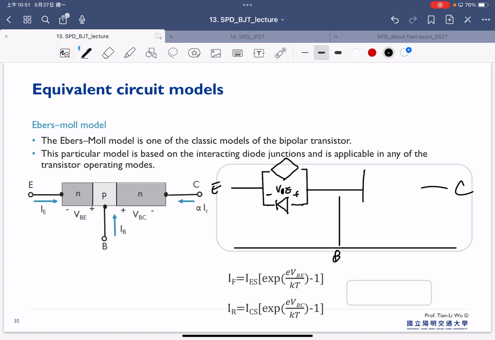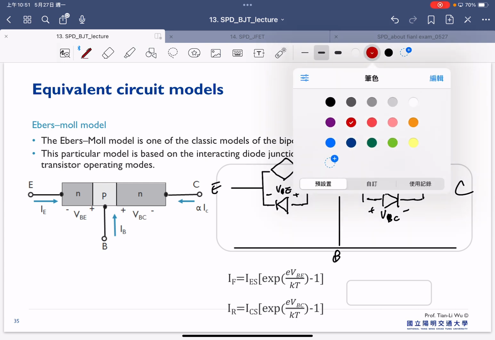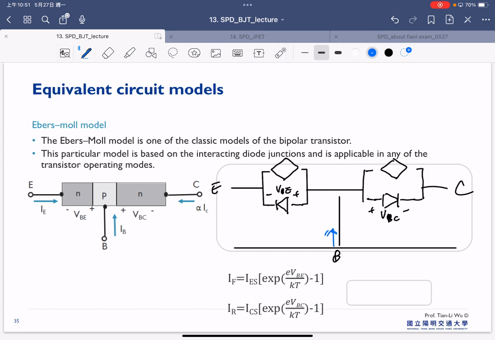So we have the base current here, emitter current, and also the collector current here.